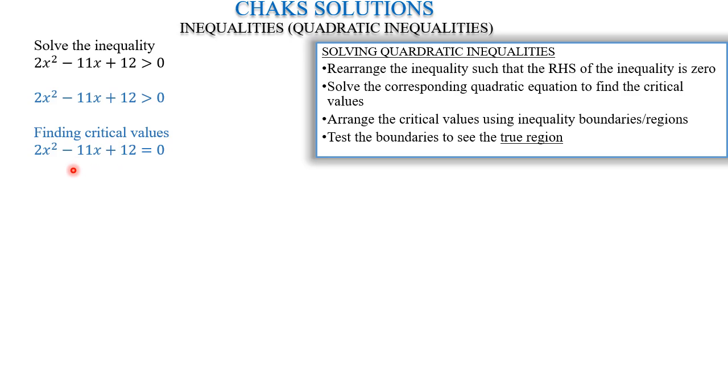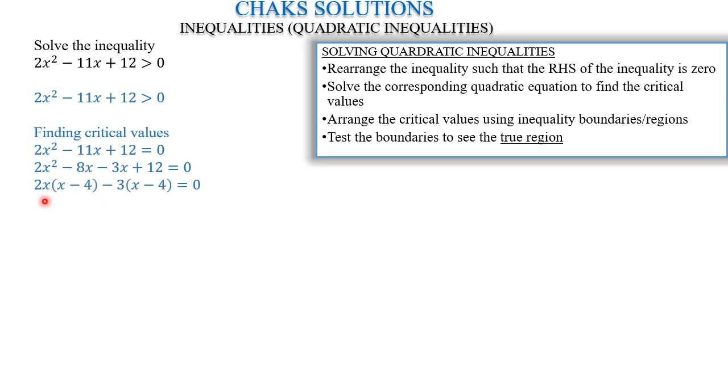In this case it's possible to factorize, because 2 times 12 is 24. We need two factors that multiply to give 24 and add to give minus 11. Those factors are minus 8 and minus 3. So it's going to be 2x squared minus 8x minus 3x plus 12 equals 0.